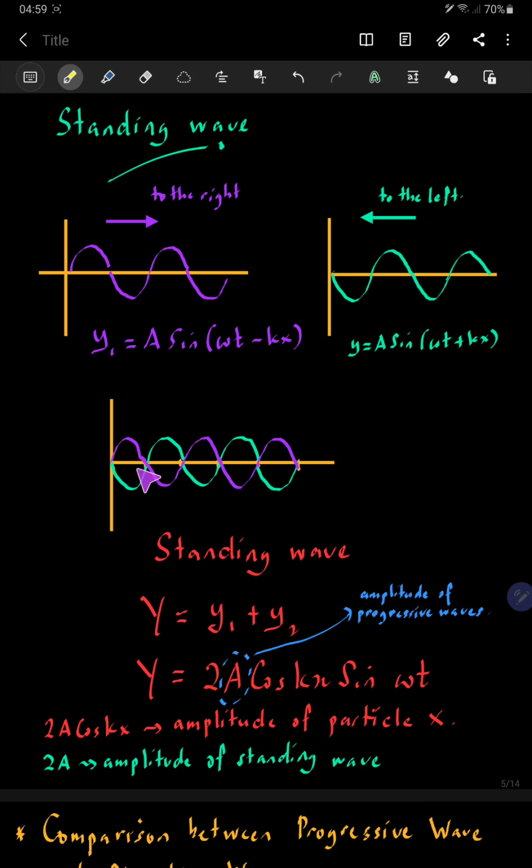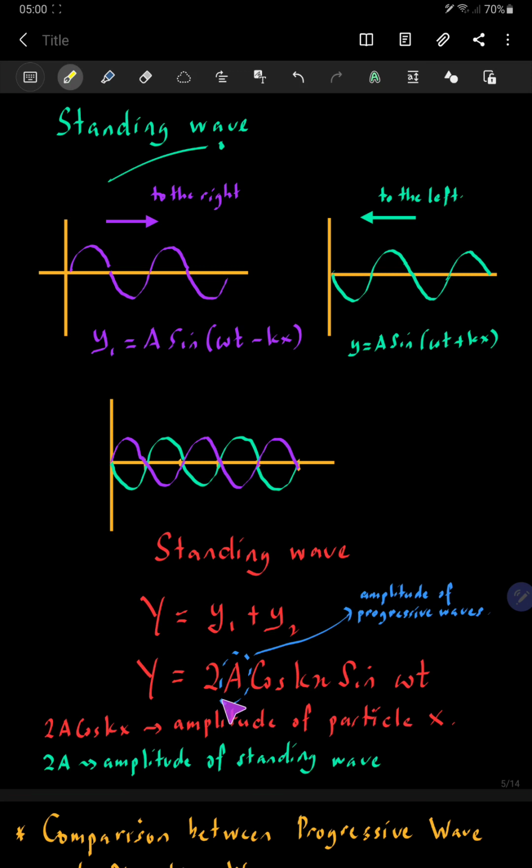What do I mean? For x equals 1, this is the amplitude. x equals 2, this is the amplitude. x equals 3, this is the amplitude. See, the amplitude of each particle is different. It depends on its position, which is x, isn't it? So 2a cos kx represents the amplitude of particle x.